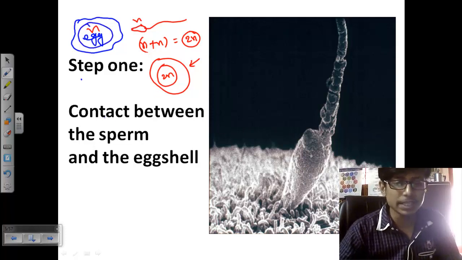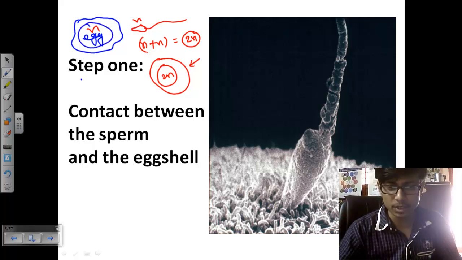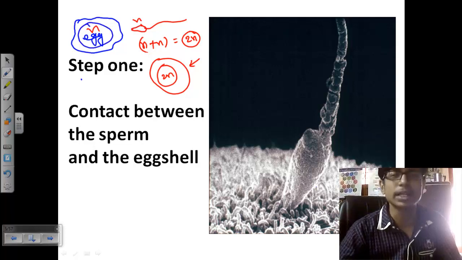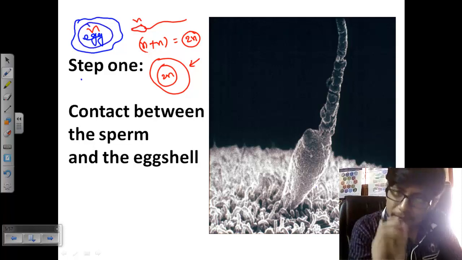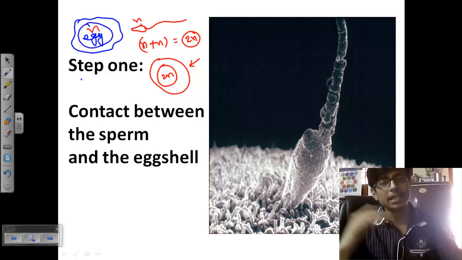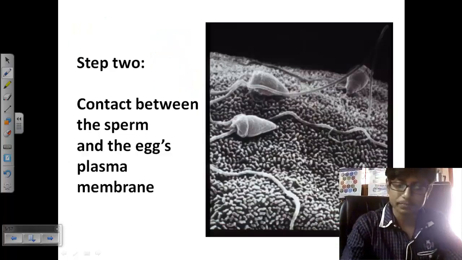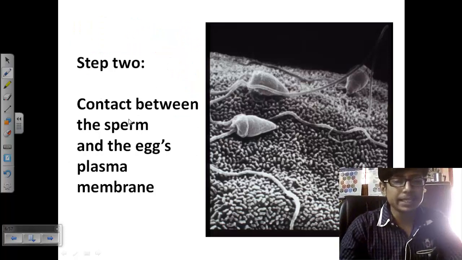So here the first step is contact between the sperm and the egg cell, and we can see that here in this picture. This is the egg cell. You see a lot of receptors out there for the reception of the sperm, because sperm has a specific signaling molecule and the egg surface has a specific receptor for that. Then the second step is contact between the sperm and the egg's plasma membrane.